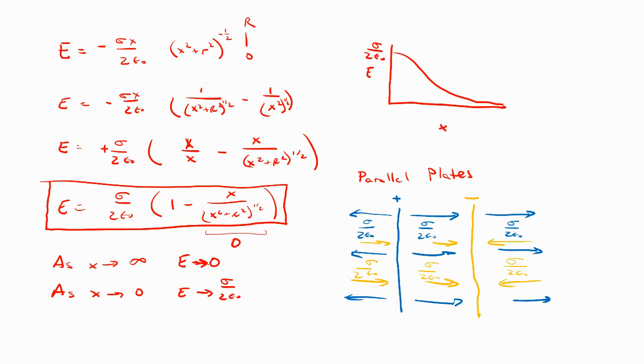When we consider the electric fields from both of these plates combined, we can see in this region over here, the electric fields would cancel out. We see in this region here, the electric fields are both pointed from the positive plate to the negative plate. And so we should add up those two electric fields to get a total electric field of sigma over e naught.